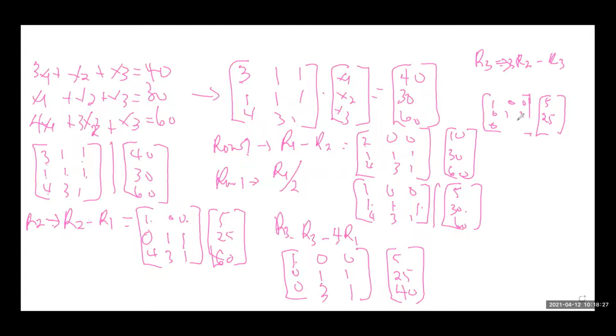And 3 minus 3 is 0. Here again, we have 3 times 1, that's 3. 3 minus 1 will give you 2. Then we have 3 times 25. That gives you 75, right? Yes. So 75 minus 40 is 35. Okay, I think I like this.